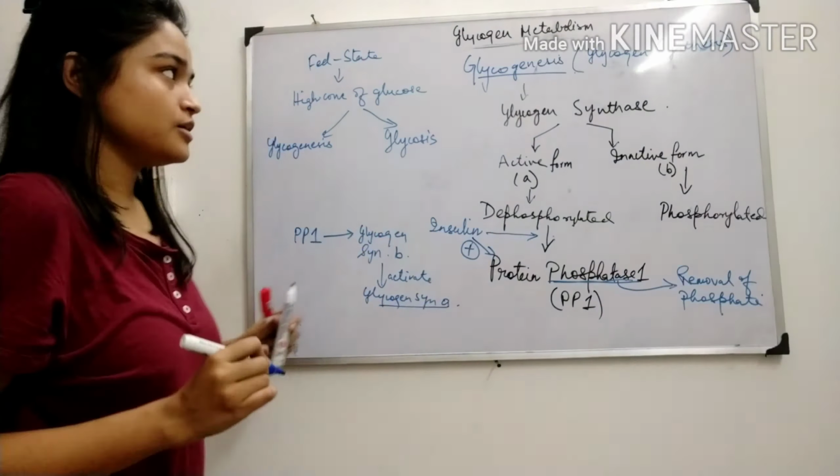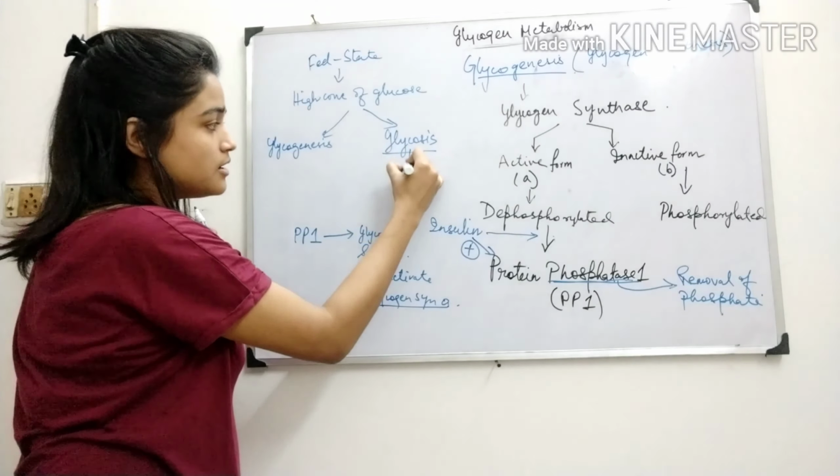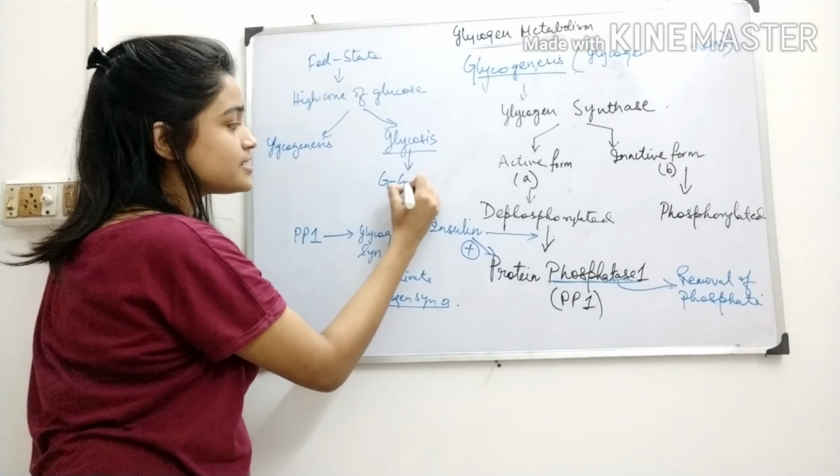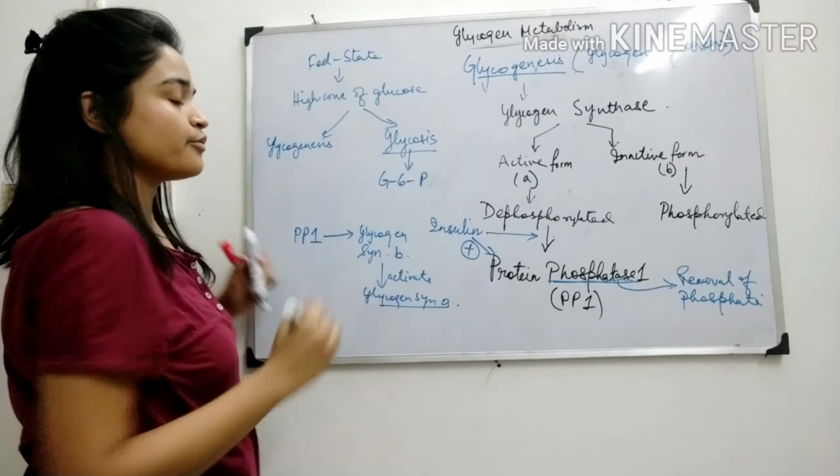Another thing is that when glycolysis is undergoing, glucose 6-phosphate is formed from glucose.